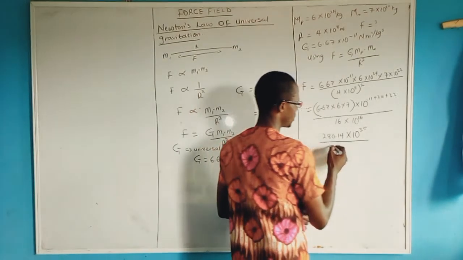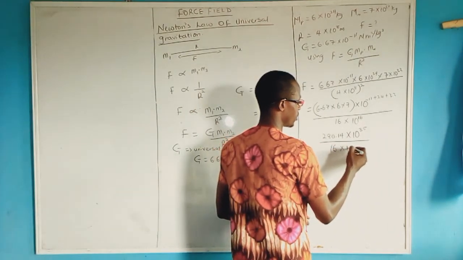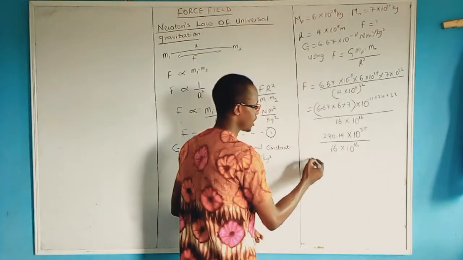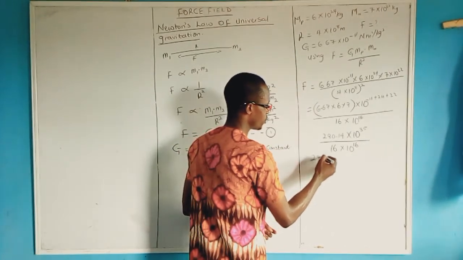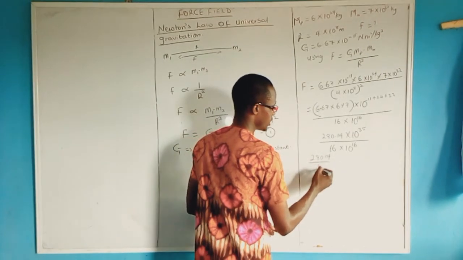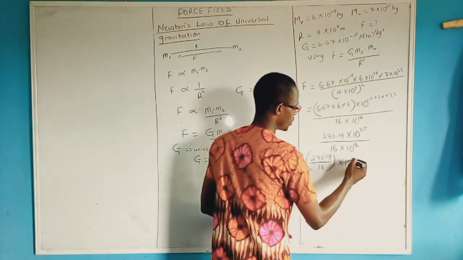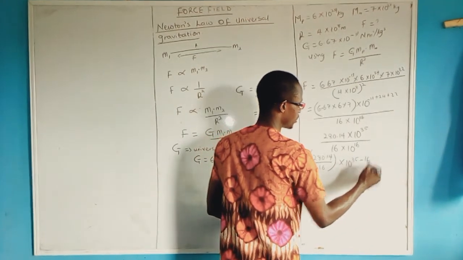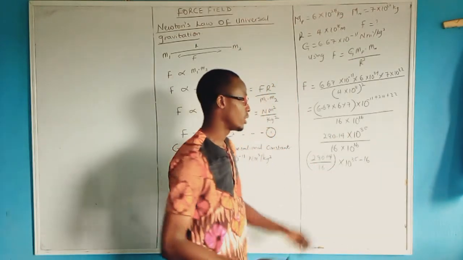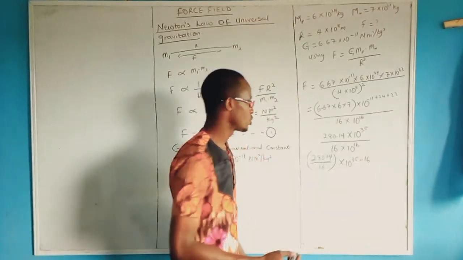All over 16 times 10 raised to the power 16. So dividing, I'm going to have 280.14 divided by 16, all times 10 raised to the power 35 minus 16. So I'm applying the law of indices here. This division changes to minus here.